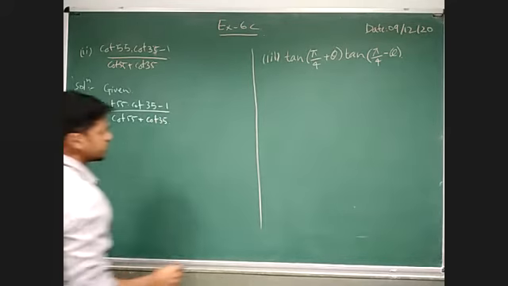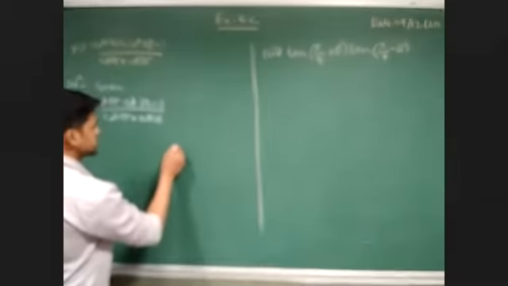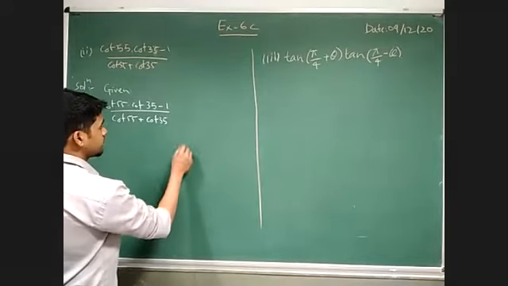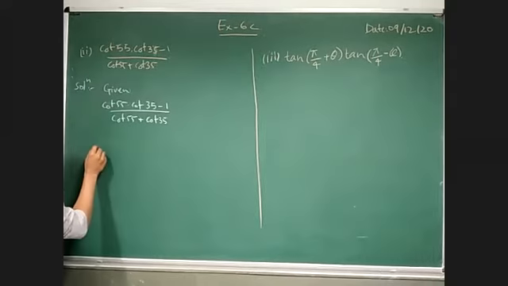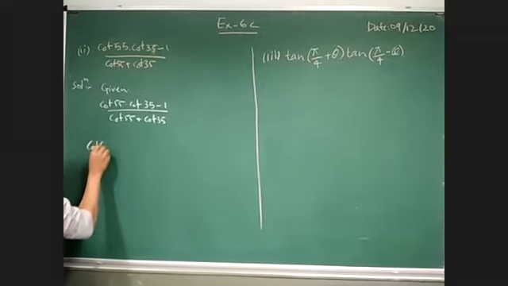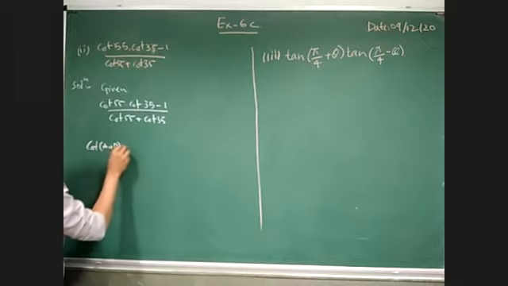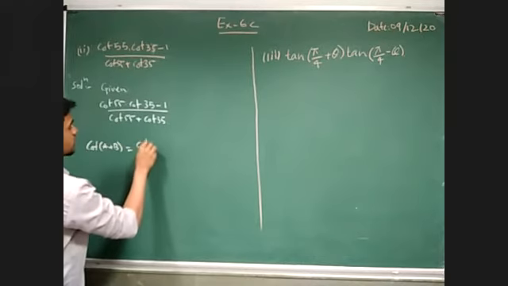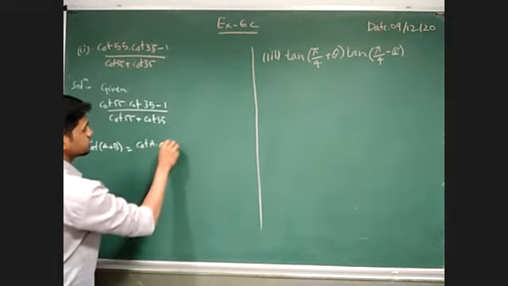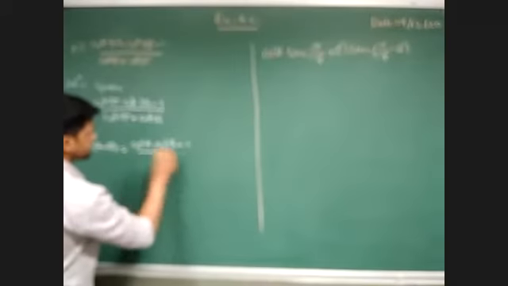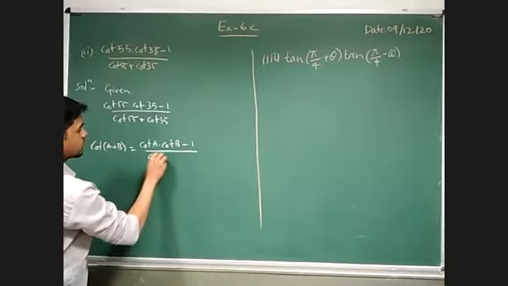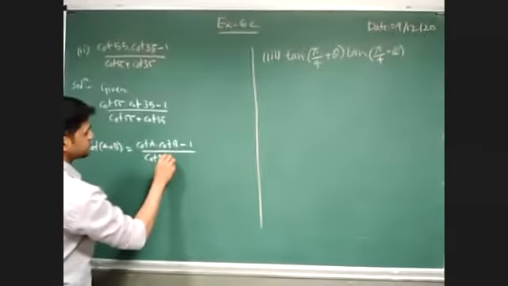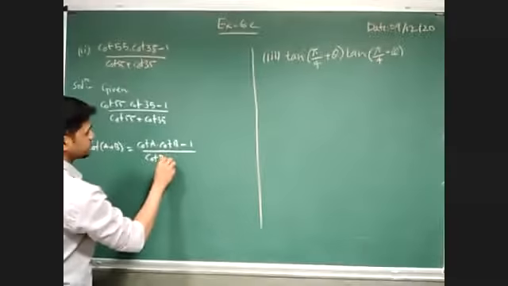I know one formula, that is cot (A plus B) is nothing but (cot A into cot B minus 1) upon (cot B plus cot A). This is the formula.